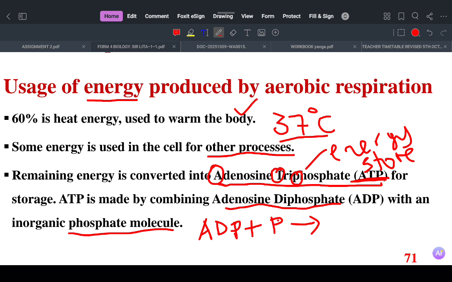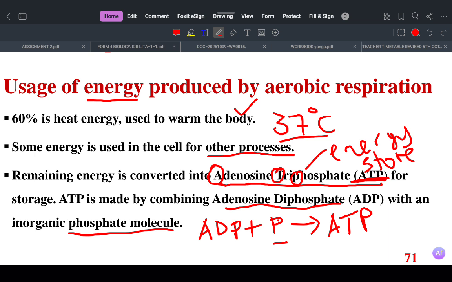Alright, so adenosine diphosphate plus a phosphate will form ATP. Alright, that's very, very important to note.